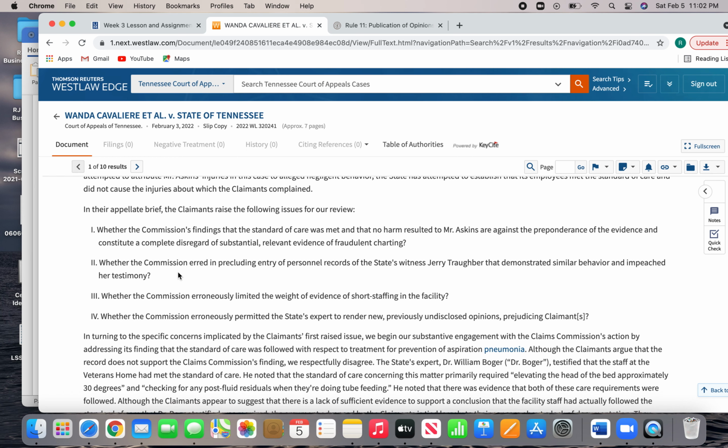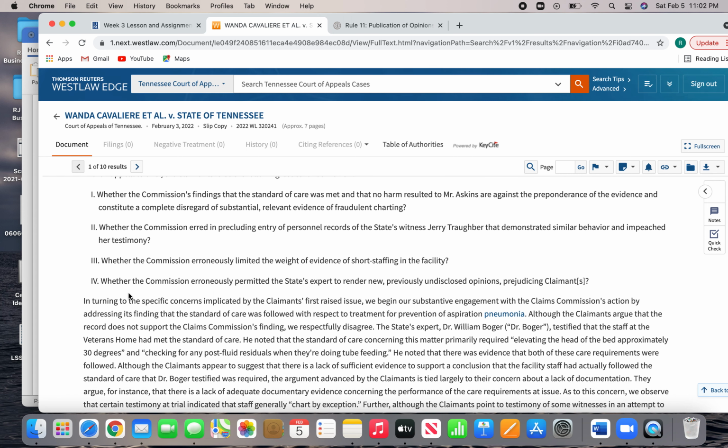The next question is whether the commission erred in precluding entry of personnel records of the state's witness, Jerry Trauber, that demonstrated similar behavior and impeached her testimony. Whether the commission erroneously limited the weight of evidence of short staffing in the facility, and whether the commission erroneously permitted the state's expert to render new, previously undisclosed opinions.